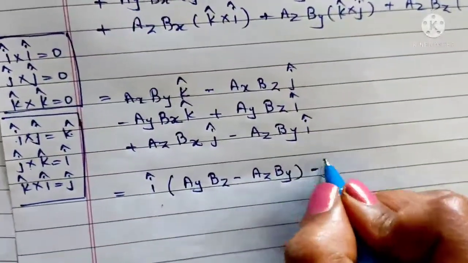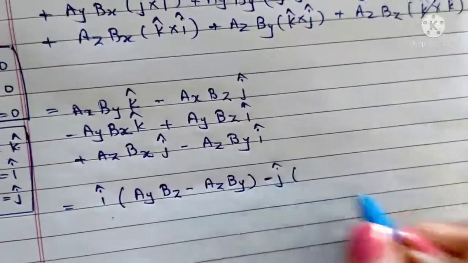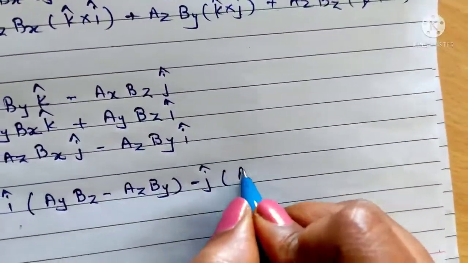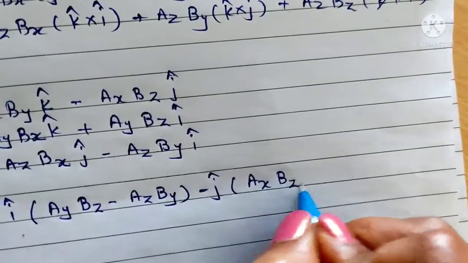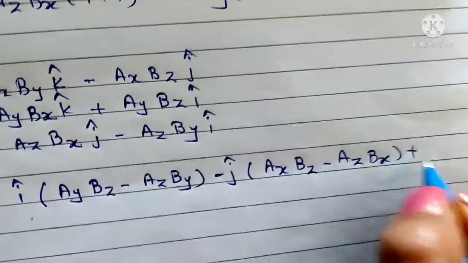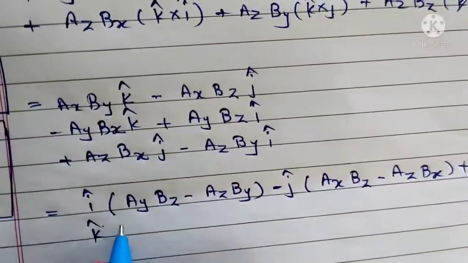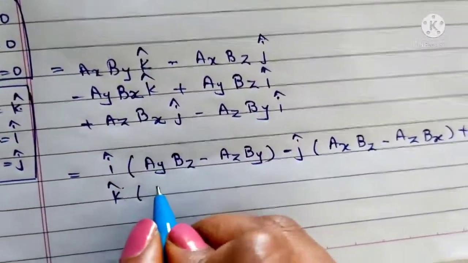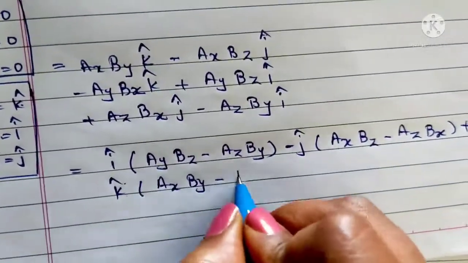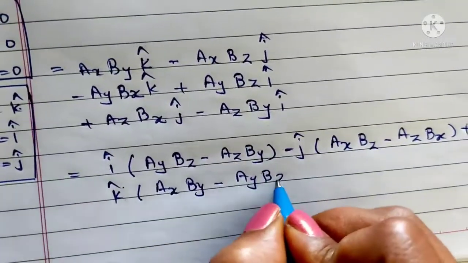Then the terms related to j cap, j cap can be taken outside the bracket. We can write ax bz minus az bx, plus k cap, ax by minus ay bx.